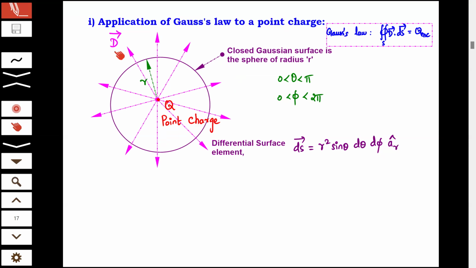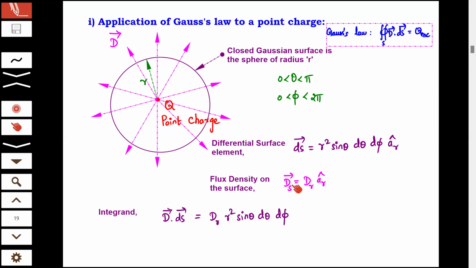And we know the flux density is radially outward. So the direction is only in ar direction. The integrand of the Gauss law, that is d dot ds, should be evaluated. Taking the dot product of d vector on the surface and the area element, we'll get Dr r square sine theta d theta d phi as the integrand of left-hand side evaluation.